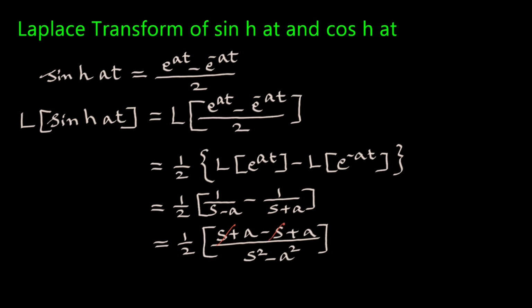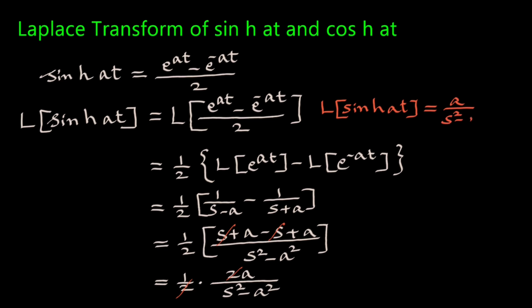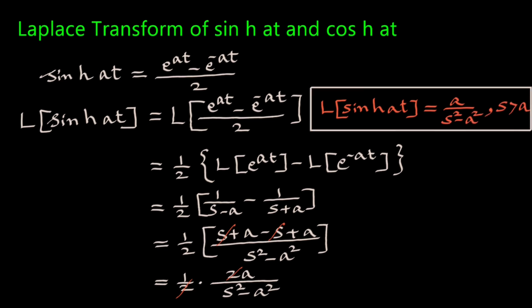S minus s is 0, so we get half times 2a upon s square minus a square. Cancelling 2, we get Laplace transform of sinh at equals a upon s square minus a square, where s should be greater than a.